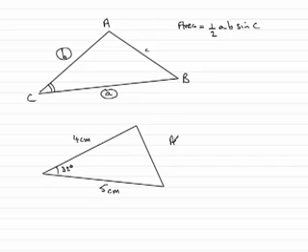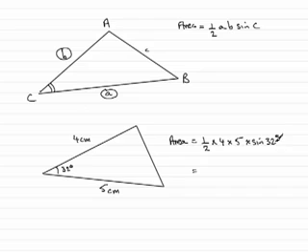So the area would equal a half the product of the two sides, so that's 4 times 5, or 5 times 4, obviously it's not going to make any difference, multiplied by the sine of the included angle, the sine of 32 degrees.